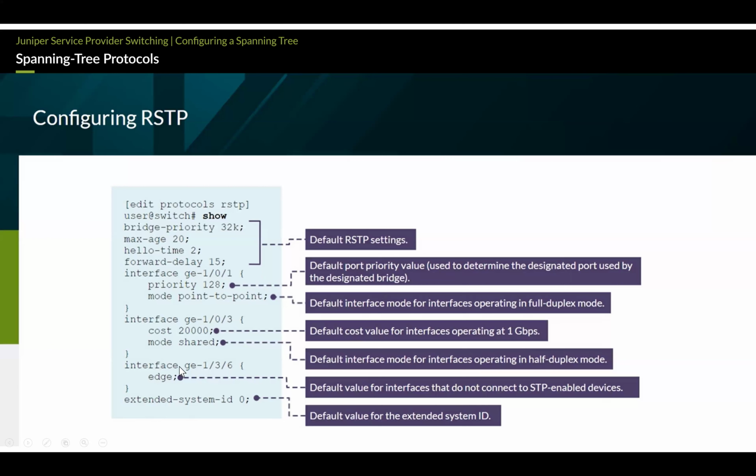Another interface configuration is the default value for interfaces that do not connect to STP enabled devices. You can set this configuration for security. You connect this port to your laptop, your desktop, or your different servers. So you know this is your own device, not a switch. Your own device is not a BPDU enabled device, or it can be a router or firewall.